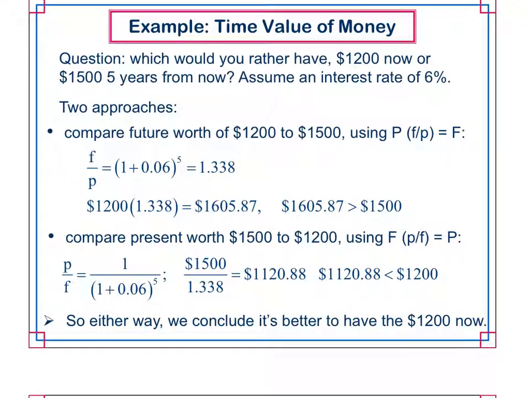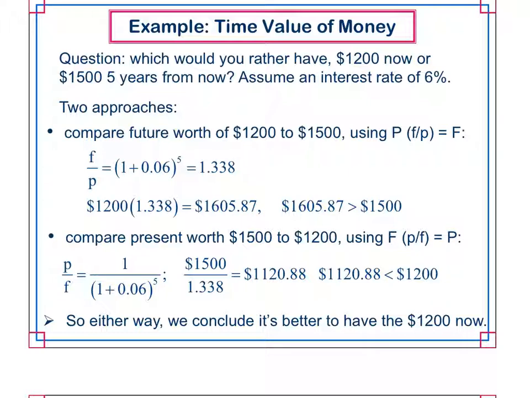So let's take a look at equivalency. Would you rather have $1,200 now, or would you rather have $1,500, 5 years from now, I should say? We're going to assume that you can get a 6% interest rate. So if you take your $1,200 and you put it someplace, you're guaranteed to get a 6% interest rate.